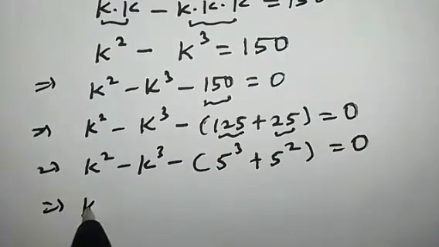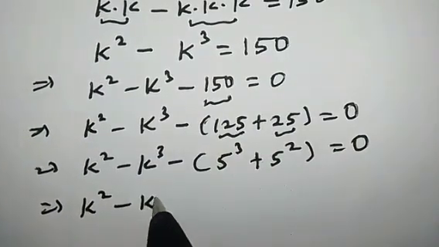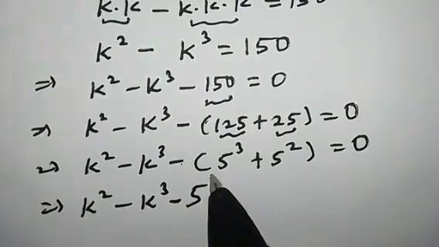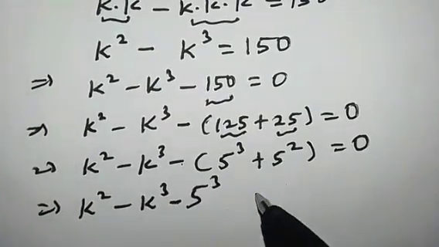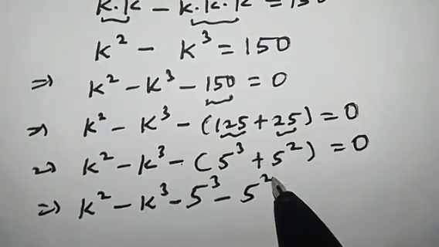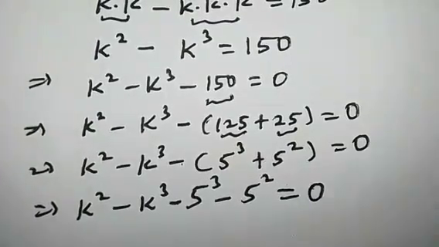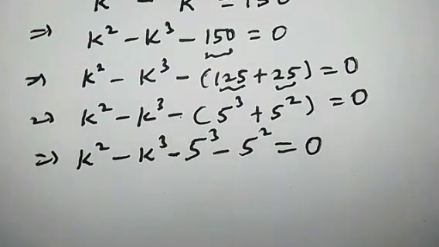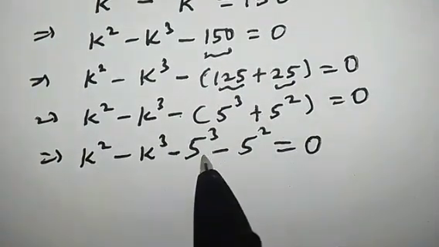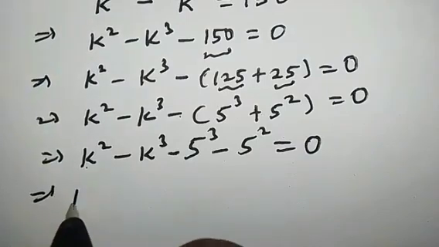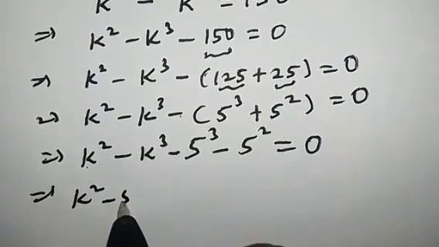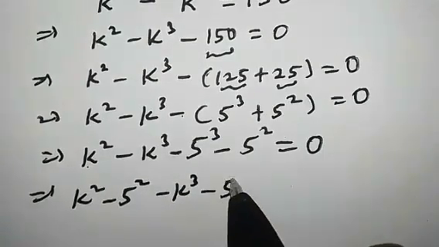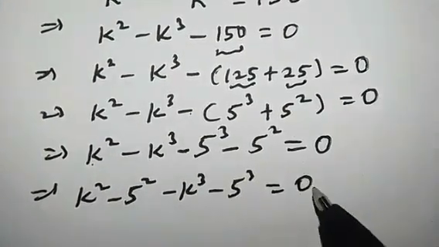This means that k square minus k cube minus times 5 cube, that is negative 5 cube, minus times 5 square, that is minus 5 square, equal to 0. Let's proceed further. Now, let us rearrange this equation. k square minus 5 square minus k cube minus 5 cube is equal to 0.